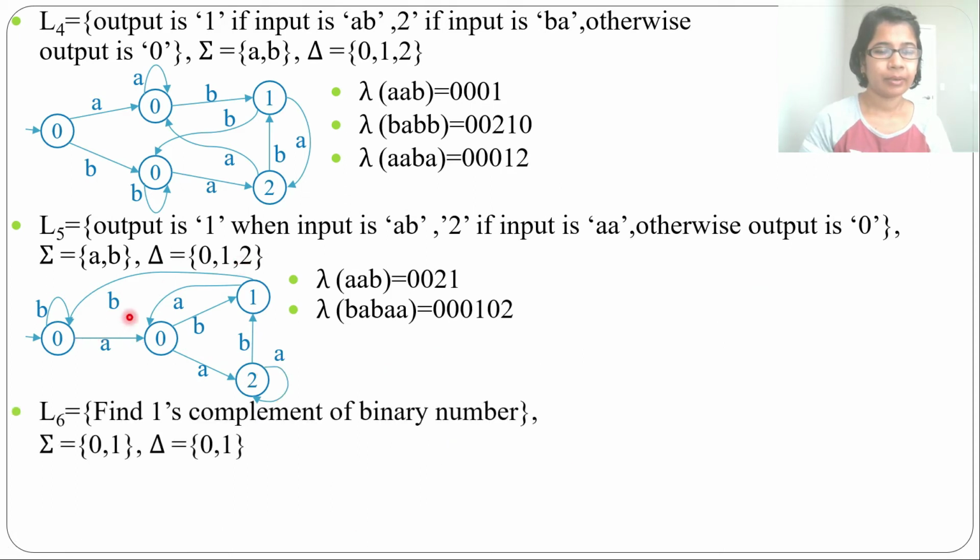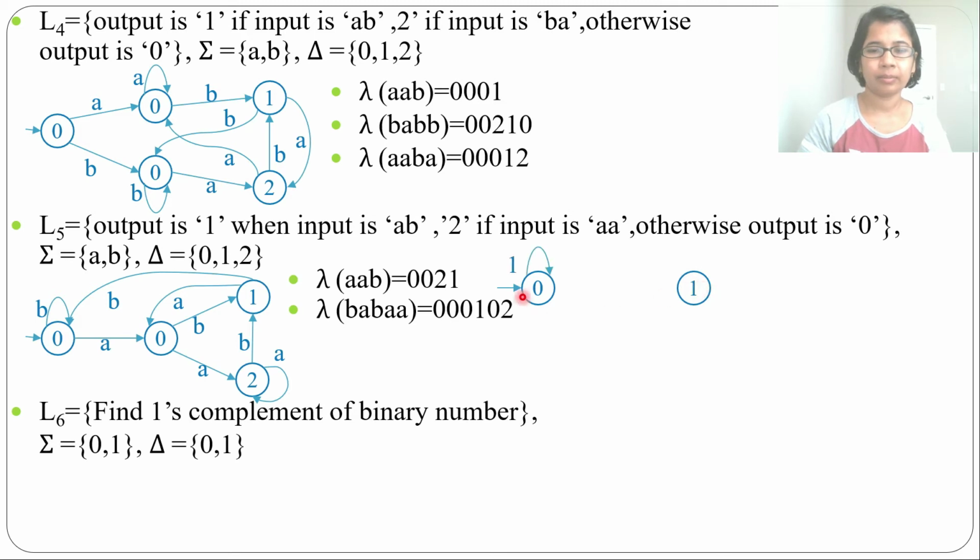Let's see another language. Find the ones complement of a binary number. Here the input is 0, 1 and the output is 0, 1. Ones complement is what? 0 will convert to 1, 1 will convert to 0. Let's design the Moore machine for this. We require 2 states. One state for output 0, another state for output 1. Whatever 1 transition comes to this state, the output is 0, and whatever 0 transition comes to this state, the output is 1.